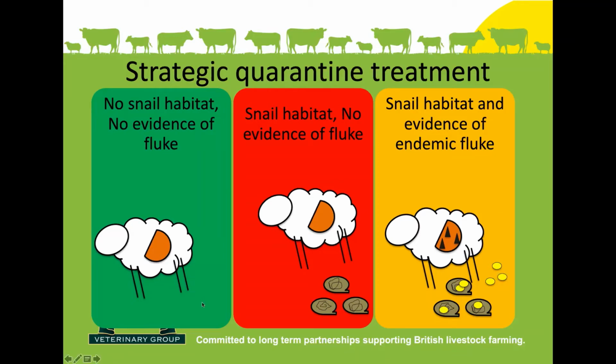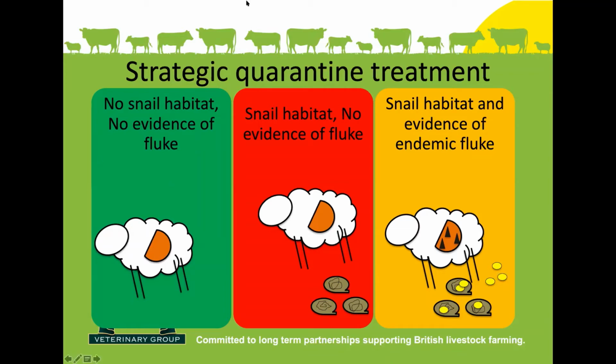There's no snails there, and there's no habitat there to complete the life cycle, so the fluke is only significant for that animal that's been bought in. So for this one, we could use a triclabendazole treatment. Say you were buying animals in the autumn, we could use a triclabendazole treatment to clear out any fluke that are in the animal that may cause production limiting disease. And we're not too concerned about any eggs going out onto the pasture because we don't have the habitat or fluke there.